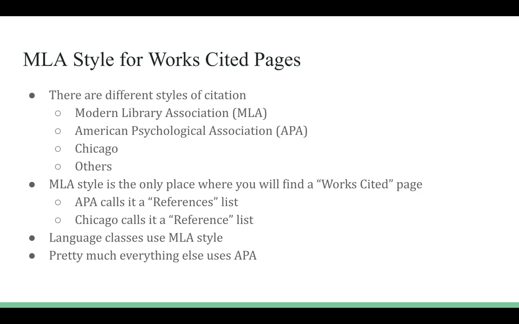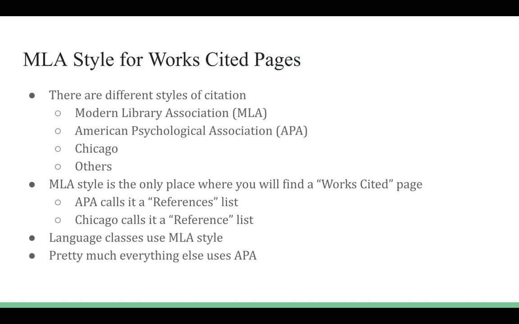The American Psychological Association style, the APA style, that is used by pretty much every course of study besides English. So if you're going into politics or social sciences or mathematics or engineering, most of the time when you're writing research papers, your professors are going to want you to write in APA. So it's good to know about that too.